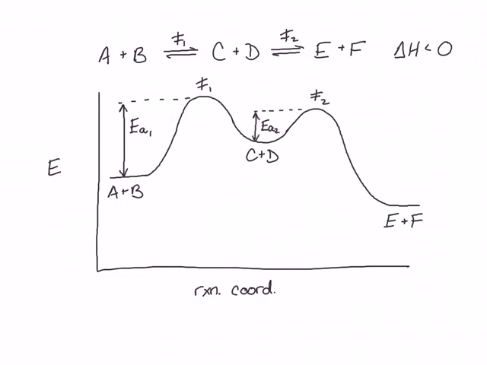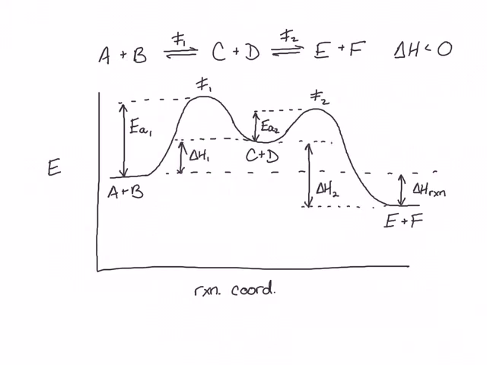The difference in energy between the reactants and the products is the change in enthalpy. We can also determine the difference in enthalpy between the reactants and the intermediates, and between the intermediates and the products. In this case, step 1 acts like a bottleneck because it is the highest energy transition state and requires the largest activation energy.